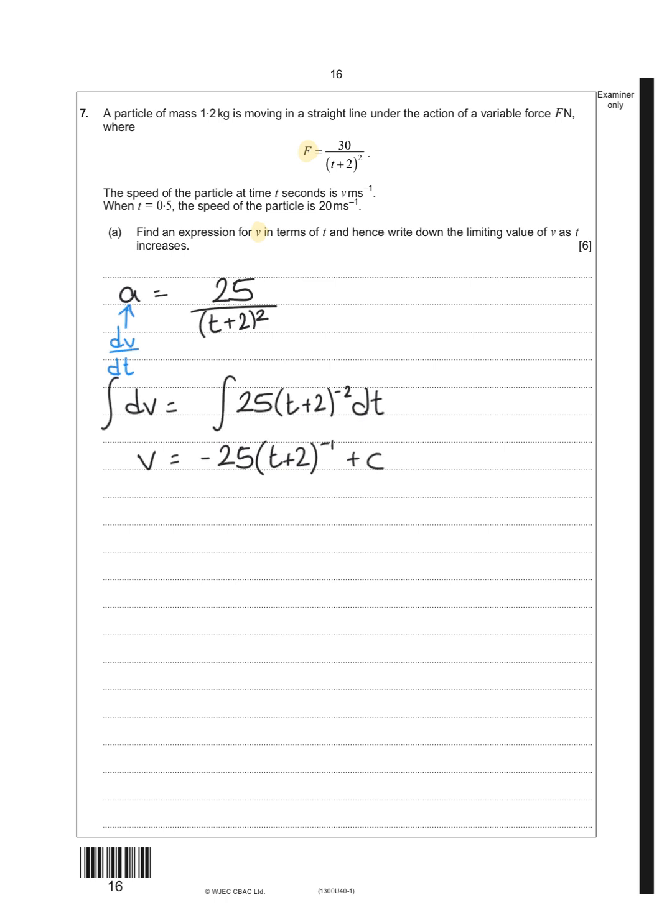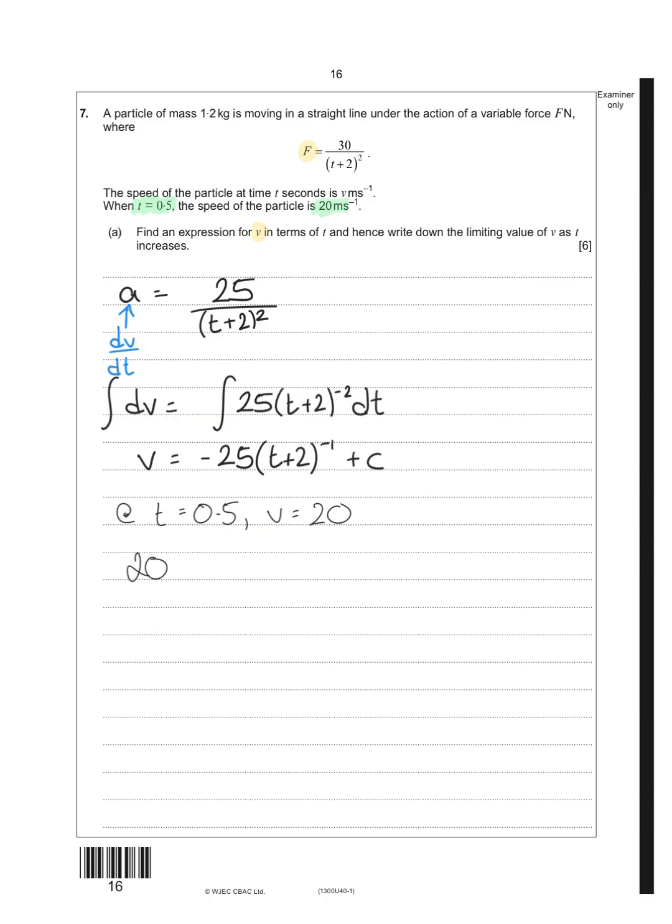Looking back at the question, I want some initial or boundary conditions, and I'm told that when t is a half, the speed is 20. So at t equals 0.5, v equals 20.